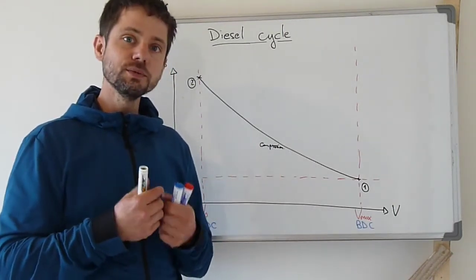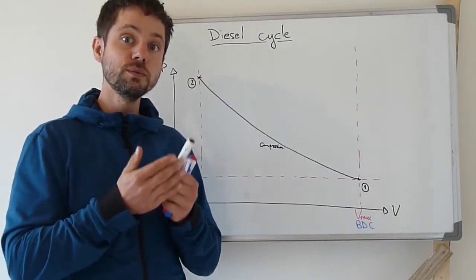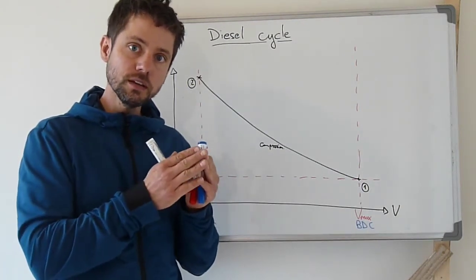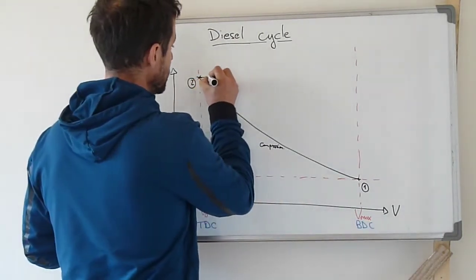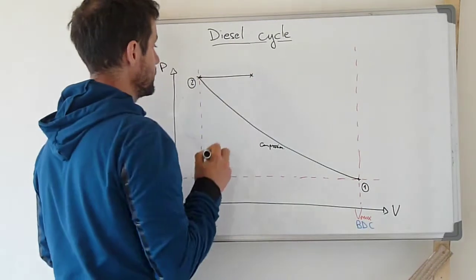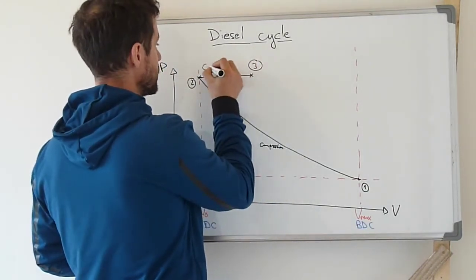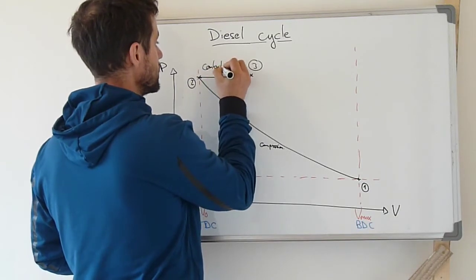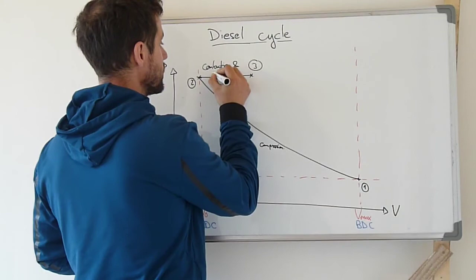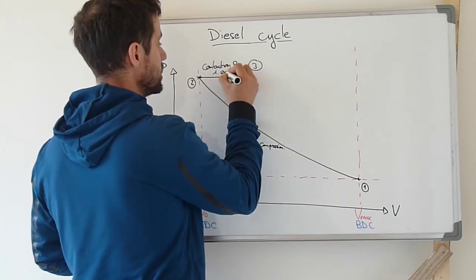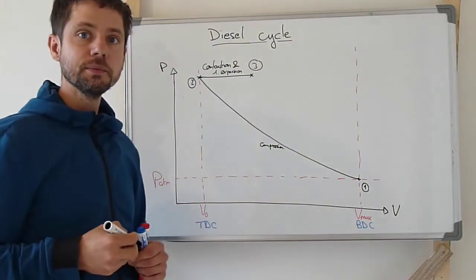That means that we consider that it's an isobaric transformation. The pressure remains constant during all the combustion. So here we have a horizontal transformation from 2 to 3 that corresponds to combustion, but also to the first stage of expansion, because expansion is taking place at the same time.